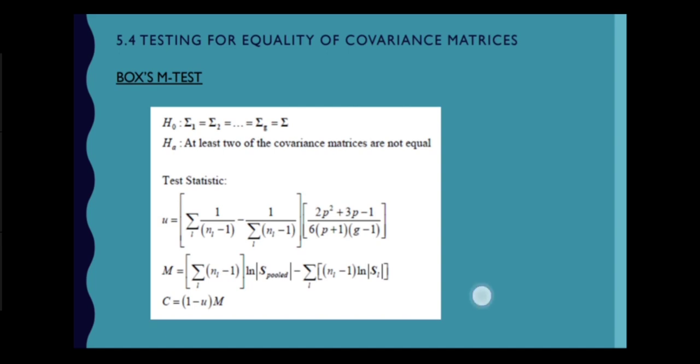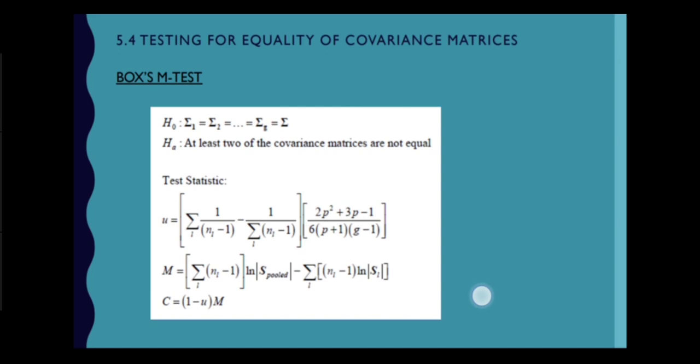Okay, multiply by 2p squared plus 3p minus 1. P is the number of variables involved. Divide by 6 multiply p plus 1 multiply g minus 1. G is how many treatments we have. Okay, M, to find M, it is the summation of n_l minus 1.